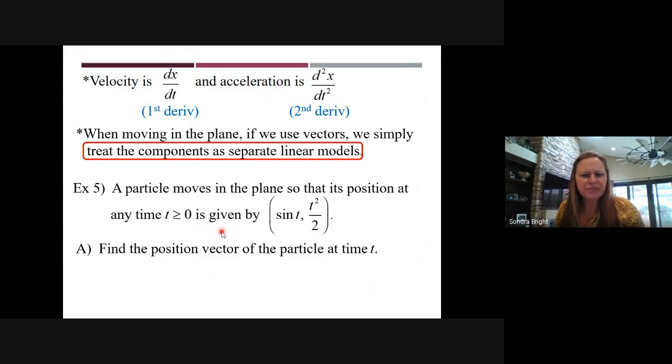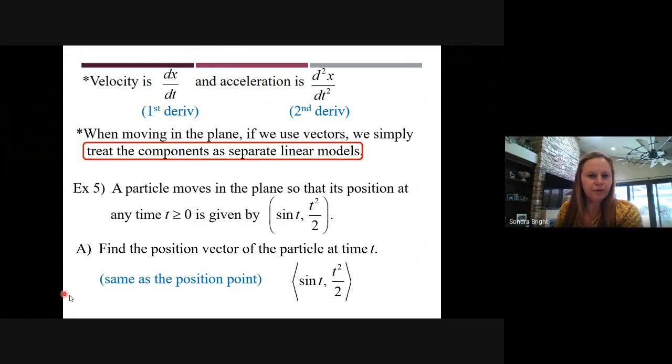So all we do is take this position point right here and turn it into a vector by using angle brackets. So if they're asking you for a vector, then you should have angle brackets. This is the vector. This is the point. It's the same guy, just one is a point and one is a vector. All right, so that's the position vector.